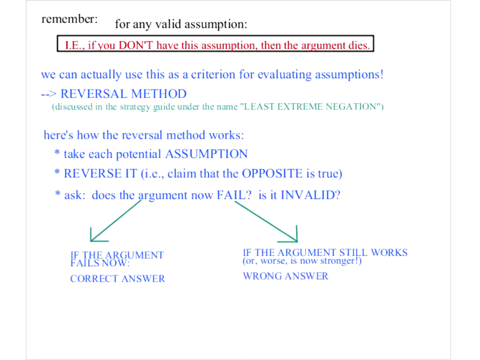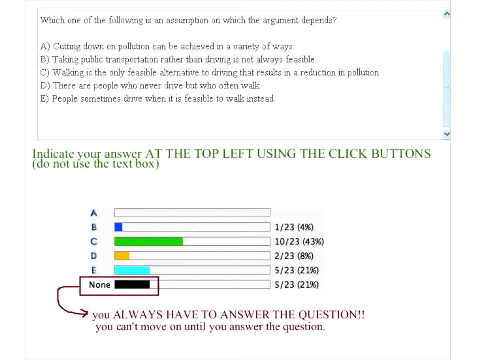So let's apply this method. Let's copy and paste the method. Here's the method. And let's go ahead and look at that problem again that we were just looking at. So here's the problem.